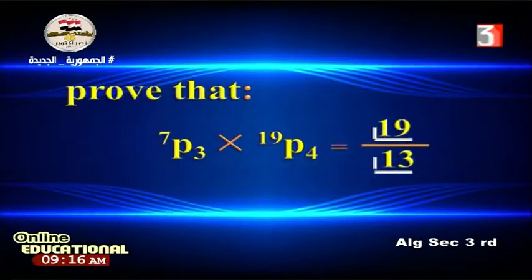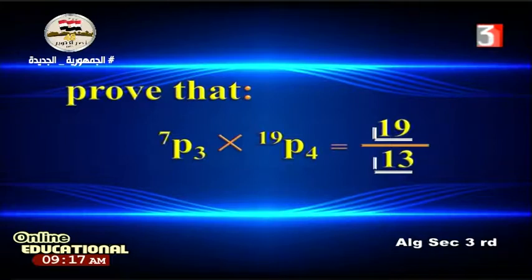Look at, my dear student, how to prove 7P3 times 19P4 equals factorial 19 over factorial 13. This is very important. When we want to find 7P3 times 19P4, we know 7P3 is factorial 7 over factorial 4, first. The second, 19P4 is factorial 19 over factorial of the difference between 19 and 4, or factorial 15.